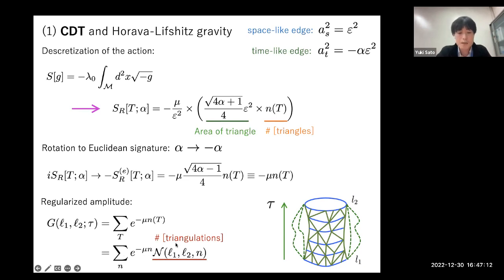So actually, the action is a covariant one, but this entropy factor coming from the integral measure is not. This counts the number of the triangulations, which can be computed analytically by combinatorics. If you perform that, you can obtain the explicit form of this amplitude.